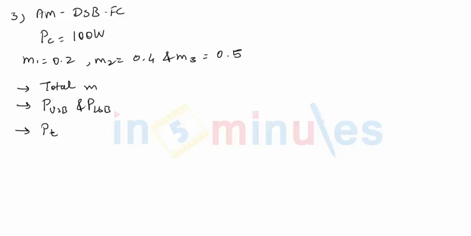So when we find out the overall modulation index, now the overall modulation index M is related to individual modulation indices as M square is M1 square plus M2 square plus M3 square. This is the formula that we had discussed before under multitone modulation of the carrier signal. That means the modulation with multiple modulating frequencies.